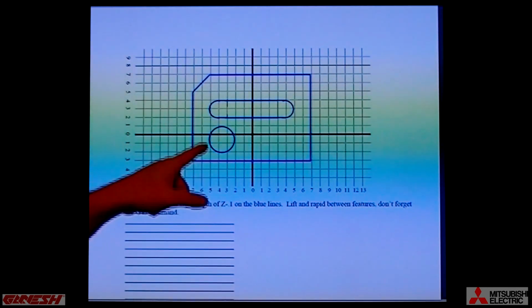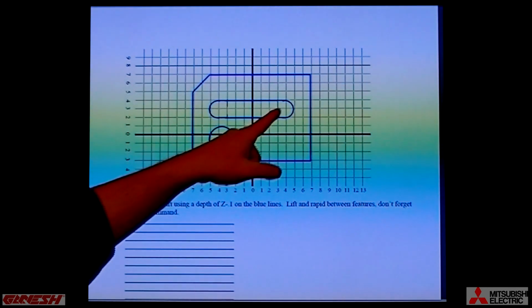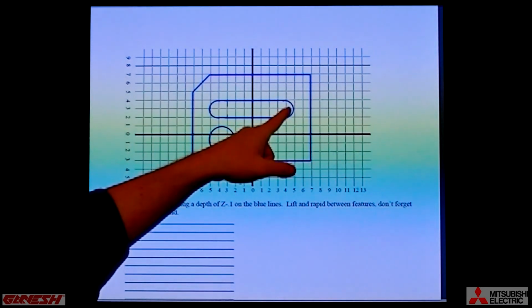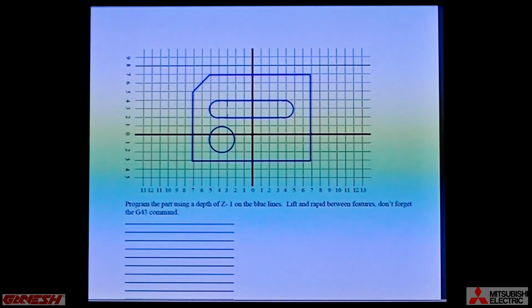So that's not real clear and obvious, but these slots here, yes, we have the center points clearly discernible there. So please make this your project with a complete program. Include spindle speeds, Z moves, rapid motions, and so on.